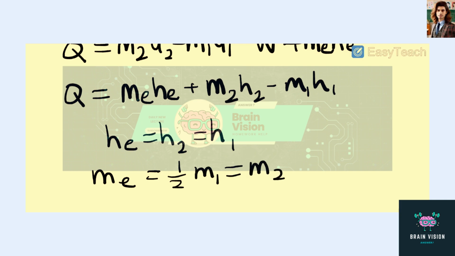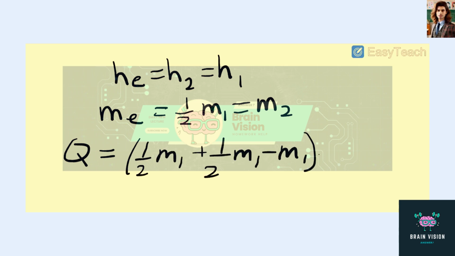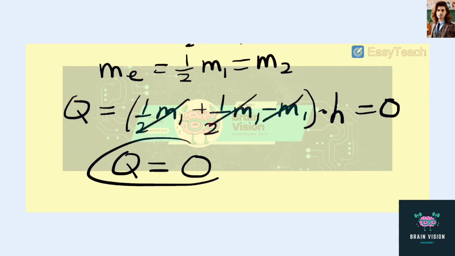Now we can use these relations to simplify this equation. Once we simplify, we see that Q is simply equal to 1/2 m1 plus 1/2 m1 minus m1, all multiplied by h, and as you can see, this results in 0. So therefore, our total heat transfer in this process is 0.